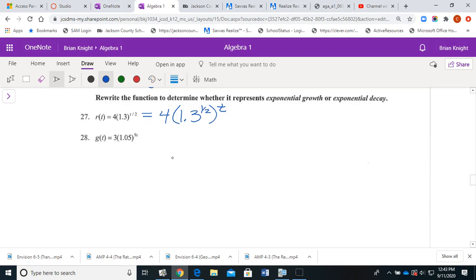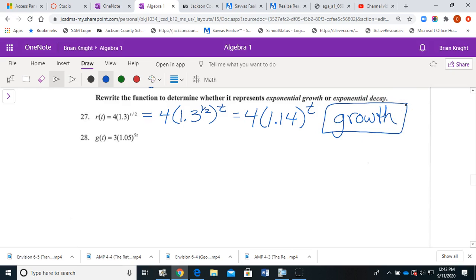Remember, a power to a power, you multiply them, so 1/2 to the t power is t over 2. You take the 1.3 to the 1/2 power and put it in your calculator. It's about 1.14. Is that a growth or a decay? Growth.